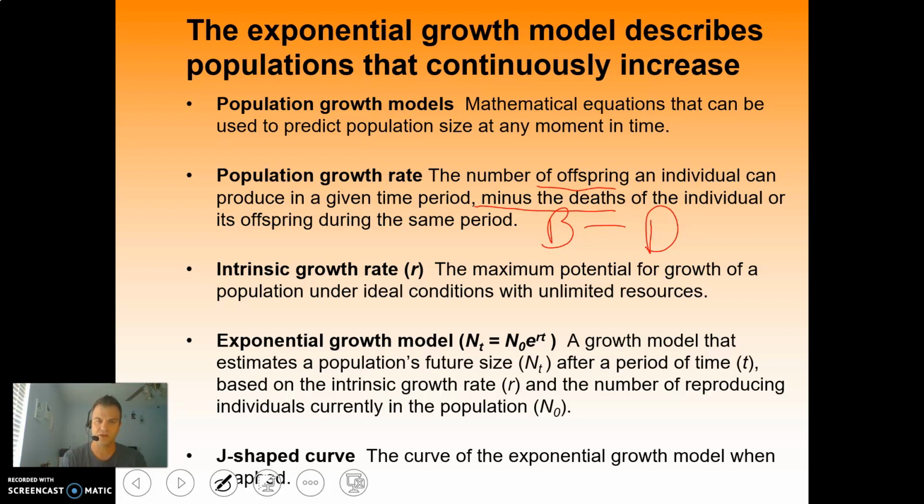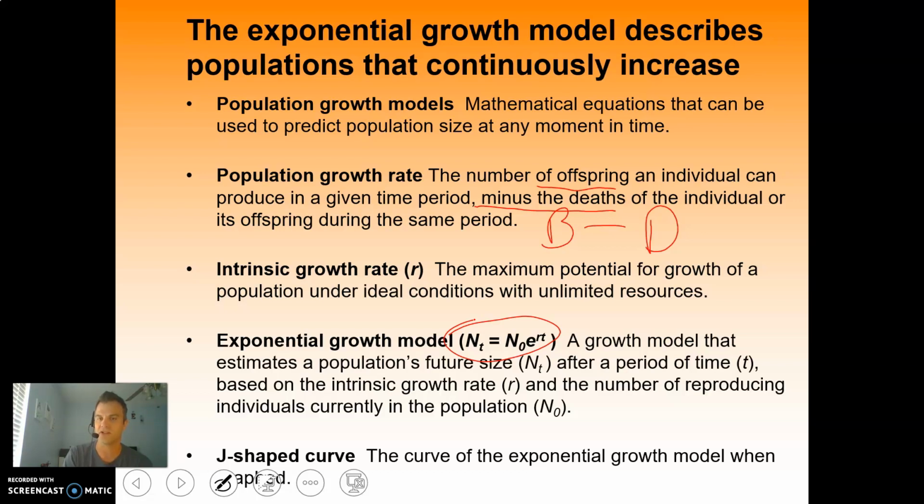The exponential growth model is going to be an equation that you can see right here, all right? And it's a growth model that estimates a population's future size, N_t. So remember, big N from the previous chapter was population. That little t next to it is going to be time, so at a certain time. So t could be 30 years.